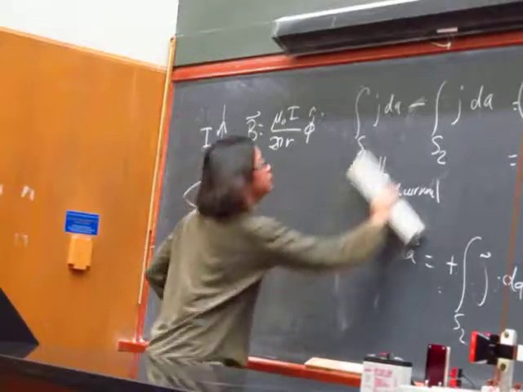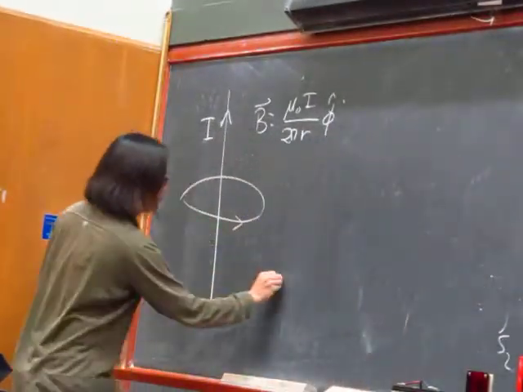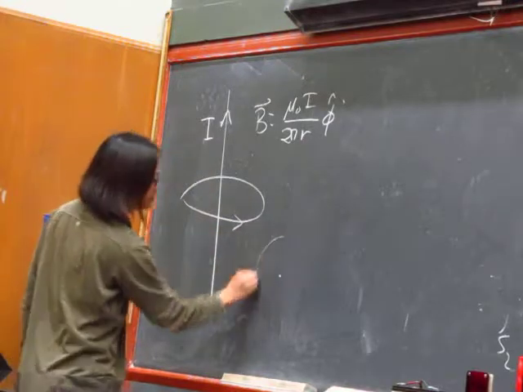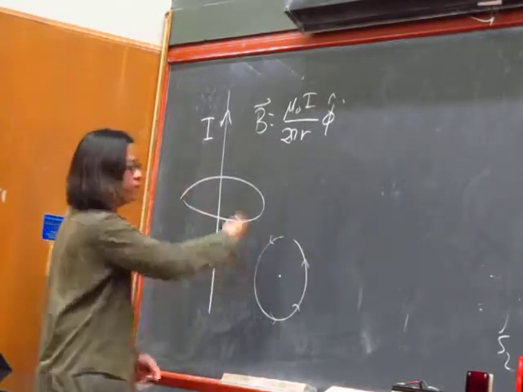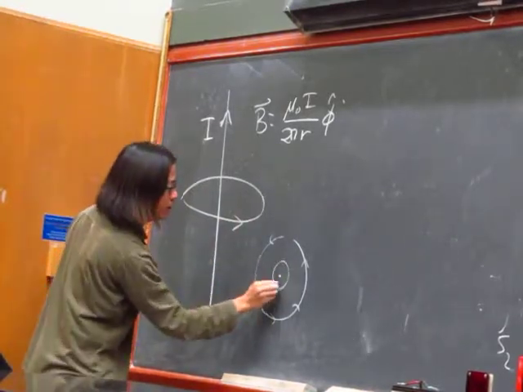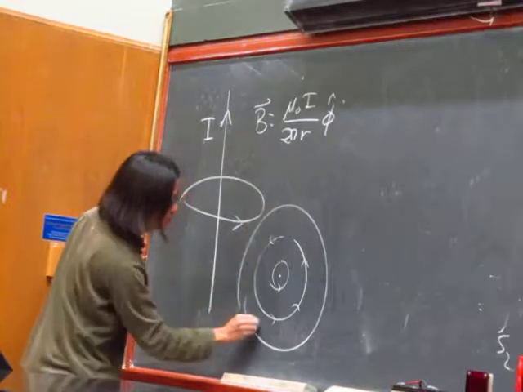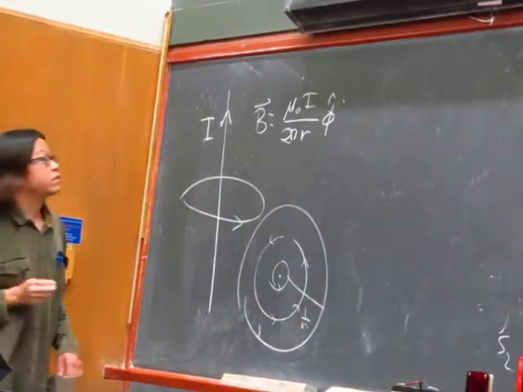If I look at it from the top, the B field actually looks like this.